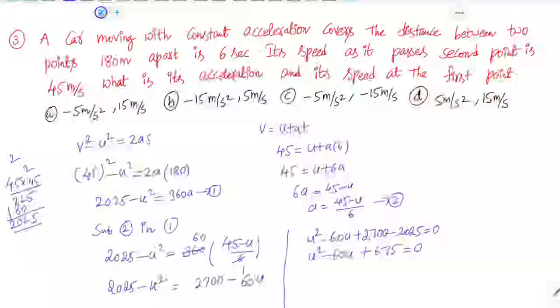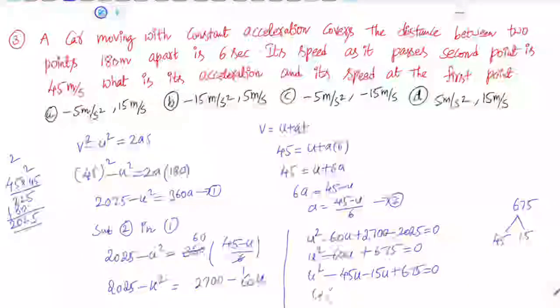If you take the factors of 675, I can consider 45 and 15. Okay, so 45 into 15 is 675, and 45 plus 15 is 60. Hence, I am splitting the middle term: u square minus 45u minus 15u plus 675 equal to 0. Now I am taking u common from the first two terms.